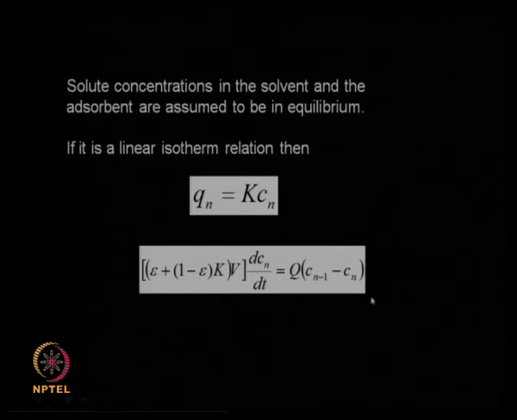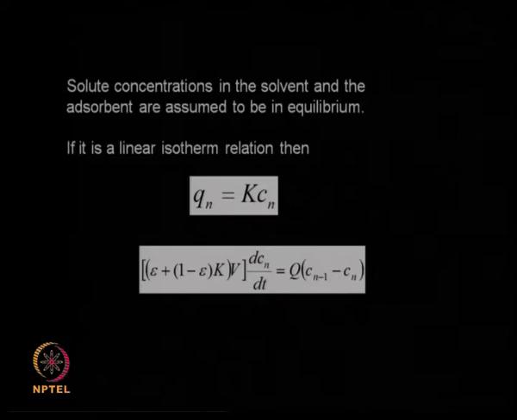Inside stage 1 this will be C1 and this will be the feed concentration. Inside stage 2 this will be C2, this will become C1. Inside stage 3 this will become C3, this will become C2, this will become dC3 by dt and so on. So, for the first stage Cn minus 1 will be Cf, where Cf is the feed concentration.